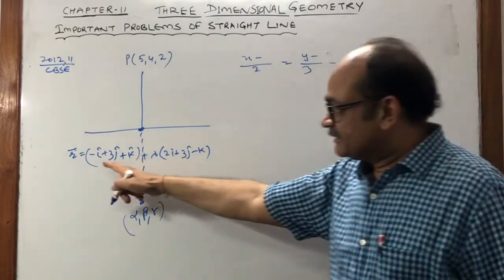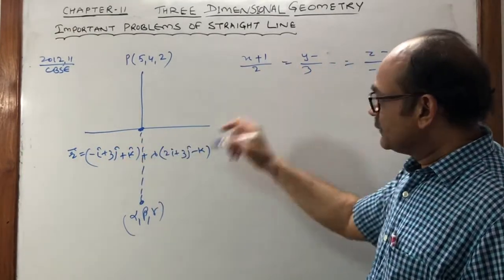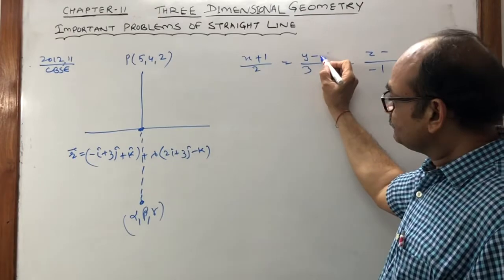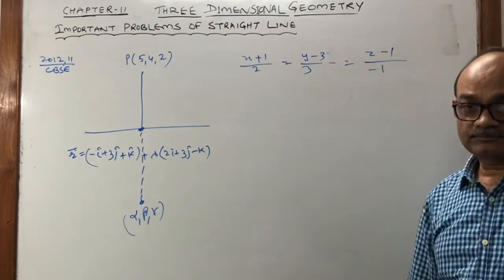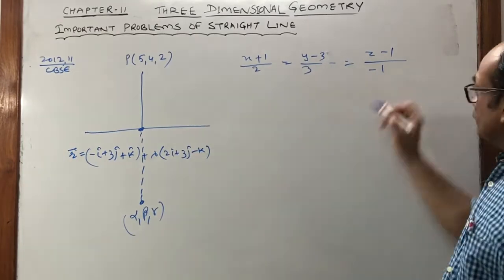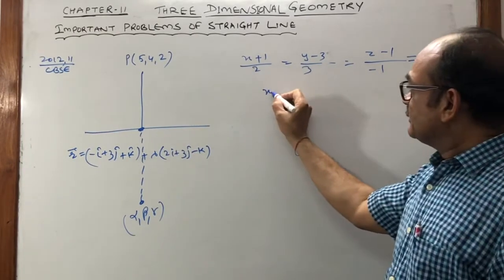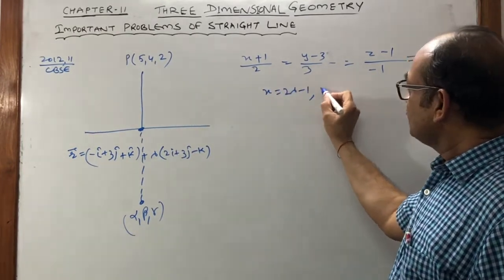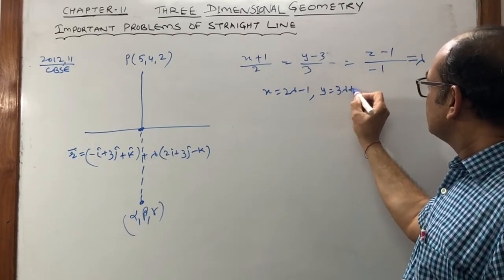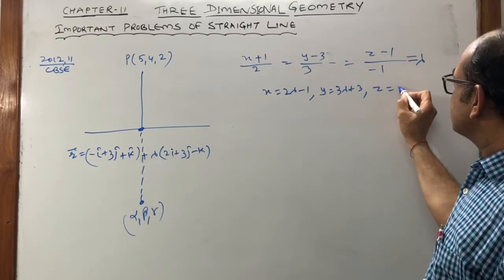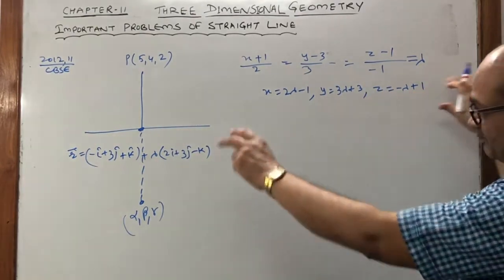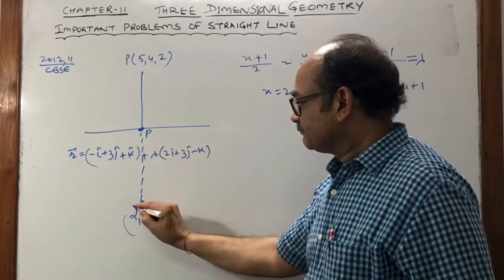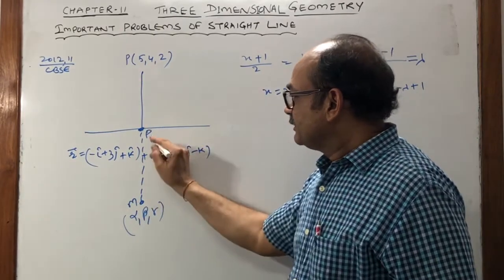And the point is minus 1, 3 and 1. This is a straight line. So any general point is 2 lambda minus 1, 3 lambda plus 3 and z is minus lambda plus 1, say the common point, by the way, P dash.